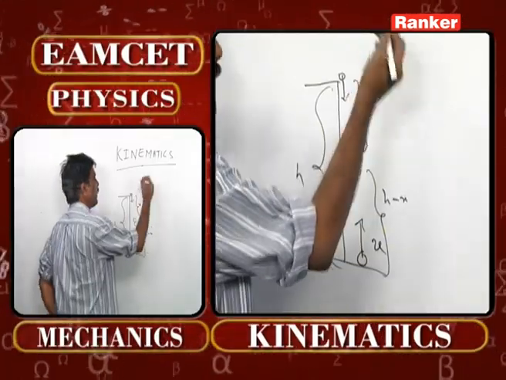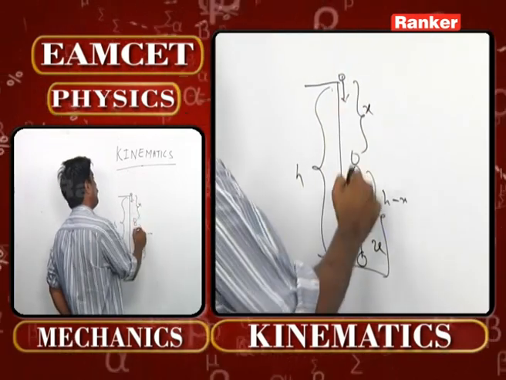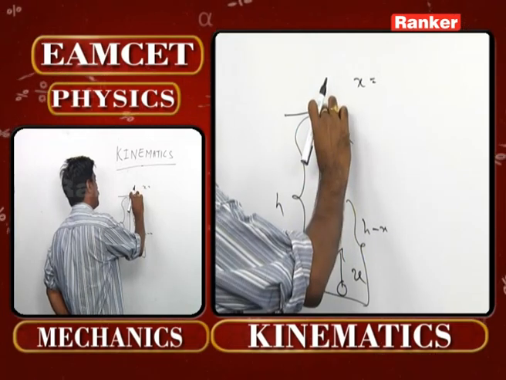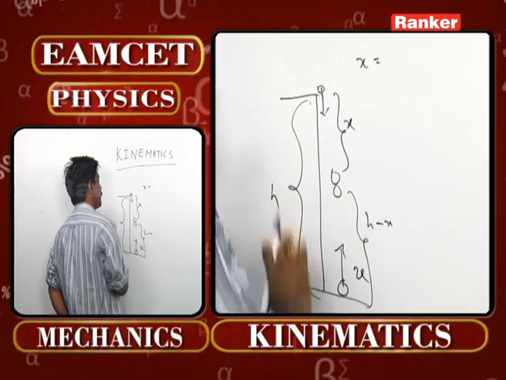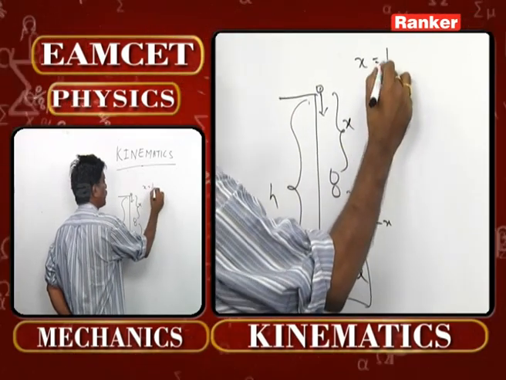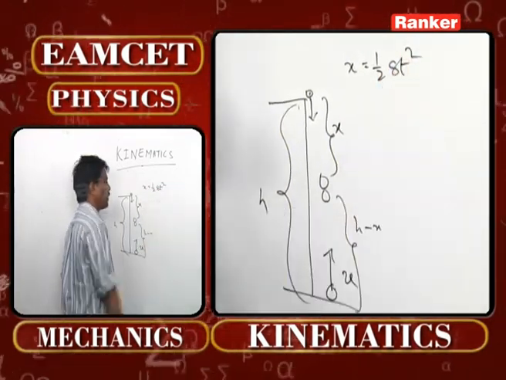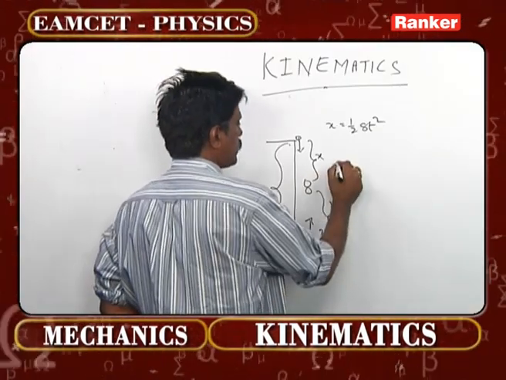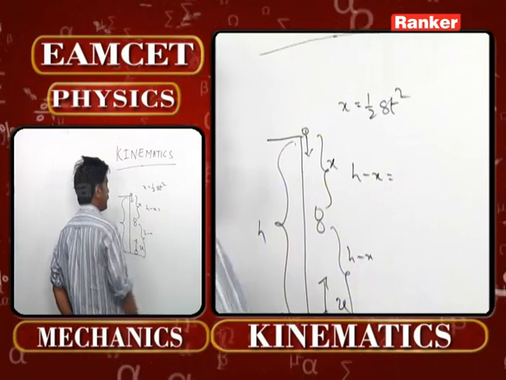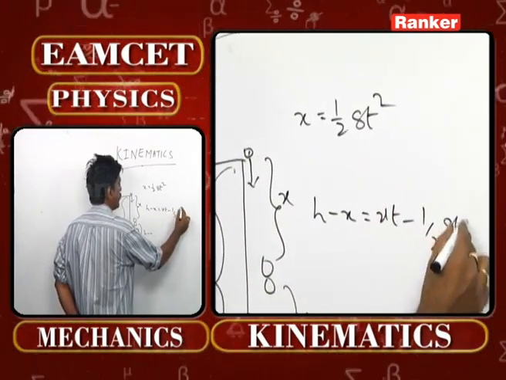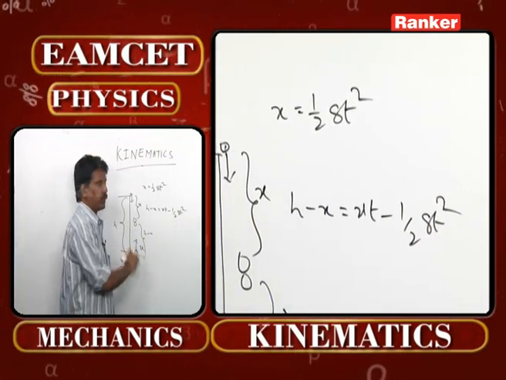Now, let us apply equations. This is a freely falling body. Suppose the time taken to reach from here to here is t; during the same time it also reached here, no? So, let the time be t, x = (1/2)gt² is the equation for this. And for this which is projected upwards, h - x = ut - (1/2)gt². This is the equation for this one.